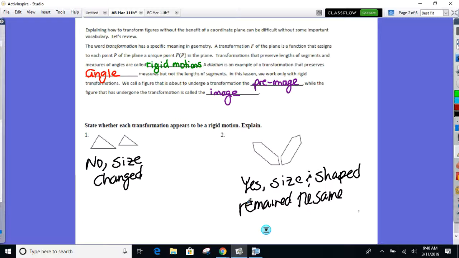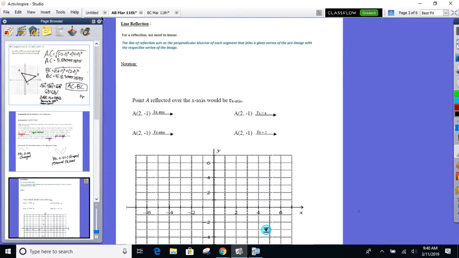All right, so we all good. I'm going to keep bringing up that term over and over again this unit, rigid motion. Size and shape does not change. The one rigid motion we're going to talk about today and tomorrow is reflection.